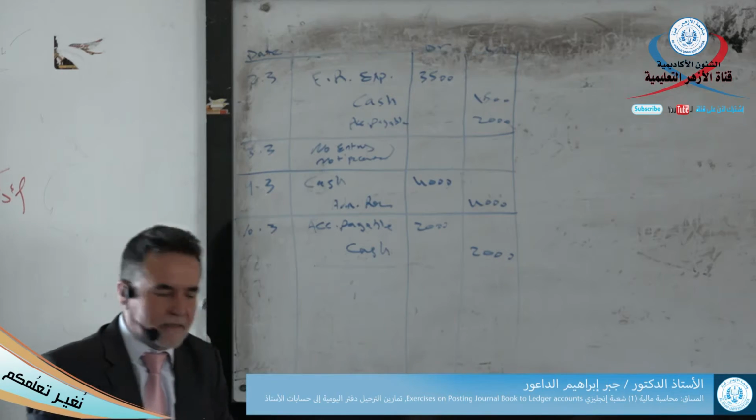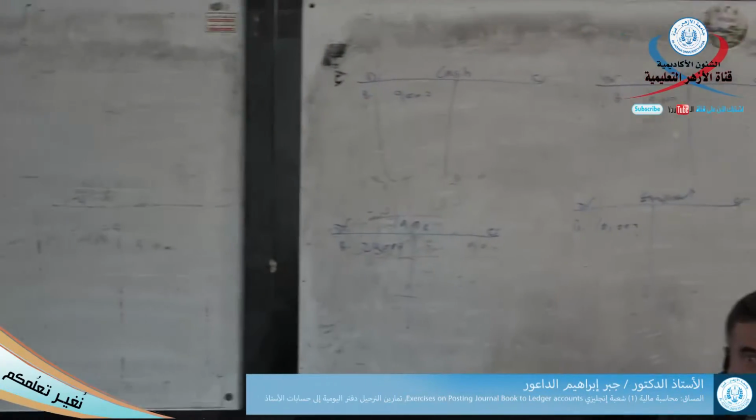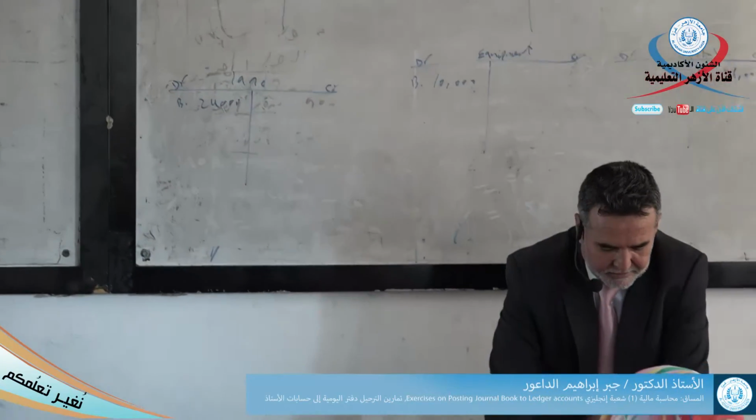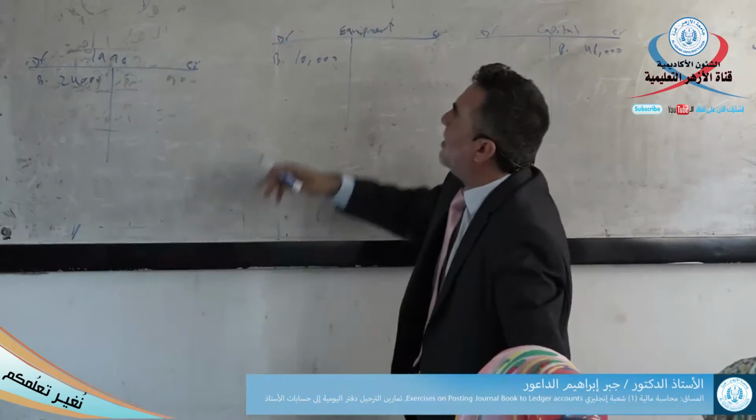Another part, and 2,100 on March 1st accounts payable.